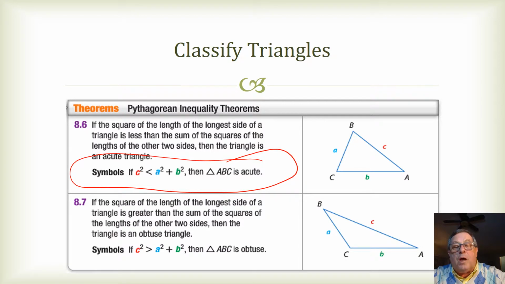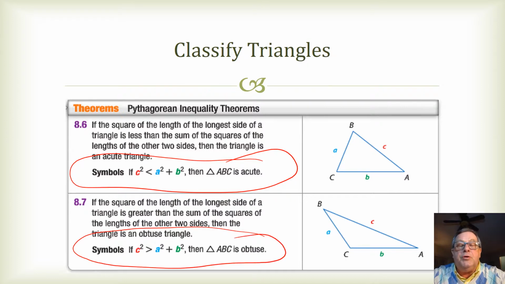And if c squared is greater than a squared plus b squared, then the triangle is an obtuse triangle. So if a squared plus b squared equals c squared, we got a right triangle. If c squared is less than a squared plus b squared, then we have an acute triangle. And if c squared is greater than a squared plus b squared, then we have an obtuse triangle.